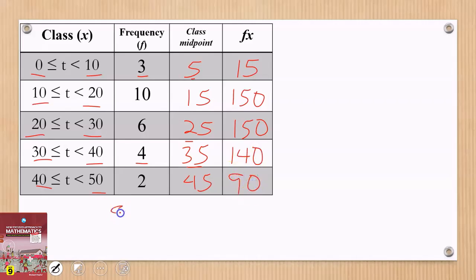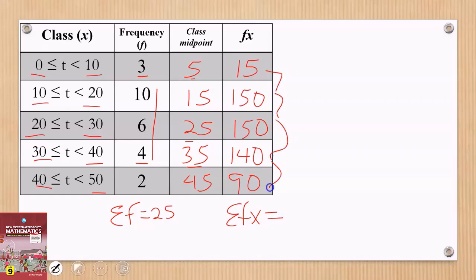So our sum of f will be, so we have this together with 20, 25. Then we have to do sum of fx. If you sum the 15, the 150, 150 again, 140 and 90, we should expect 545.